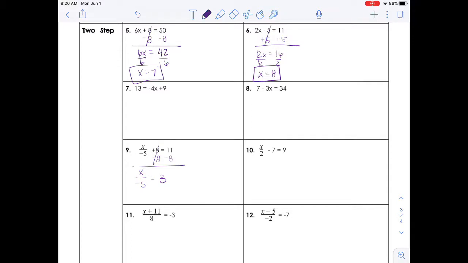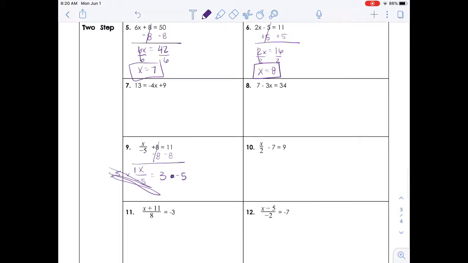So we've got to undo that division by multiplying by negative 5 on both sides. That will cancel out because it's technically 1 over negative 5 times negative 5. And we end up with, remember that's a multiplication sign, x equals 3 times negative 5, which is negative 15.